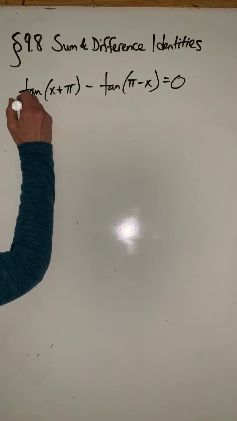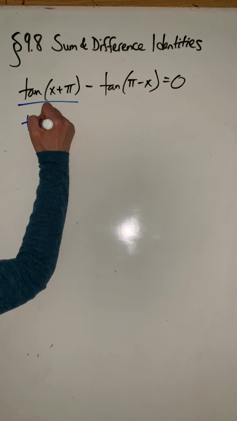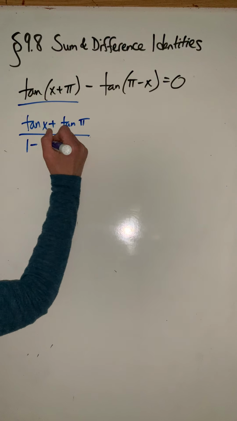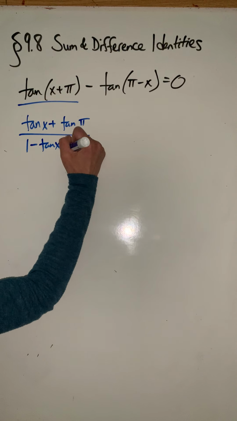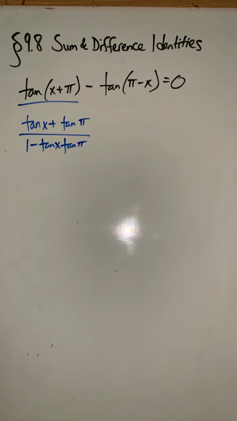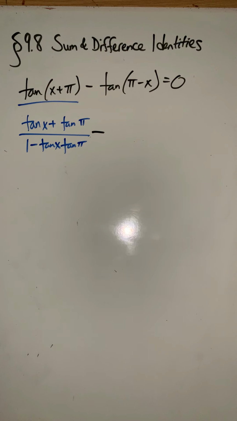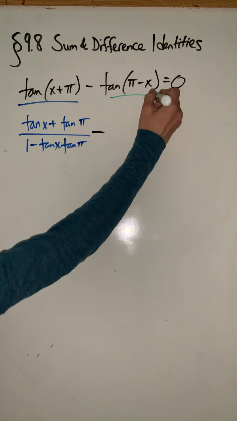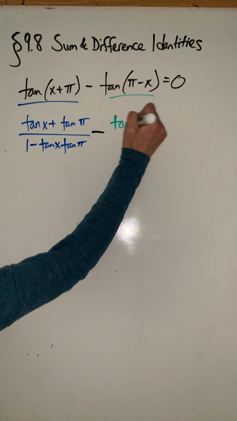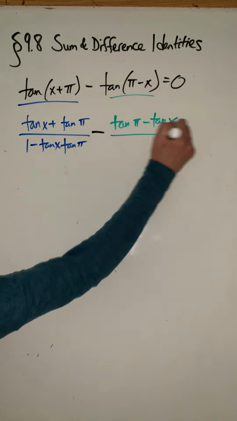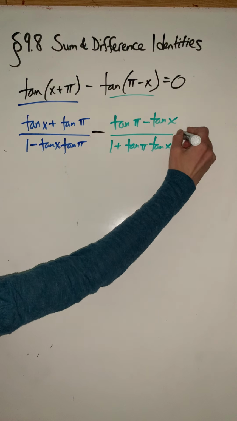So the tangent of x plus pi is the tangent of x plus the tangent of pi all over 1 minus tangent x, tangent pi. Minus, if we expand the tangent of pi minus x, we get the tangent of pi minus the tangent of x all over 1 plus the tangent of pi times the tangent of x. That is equal to 0.